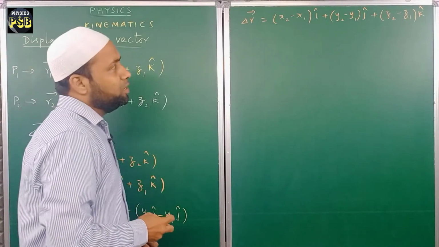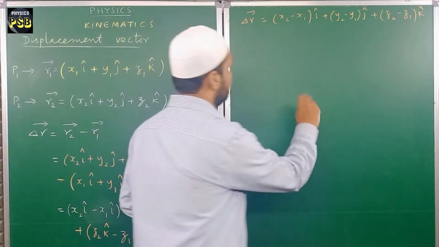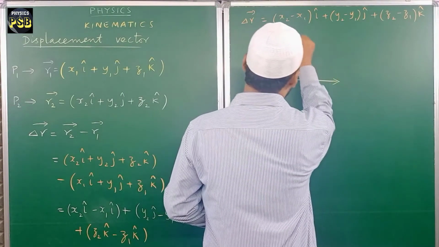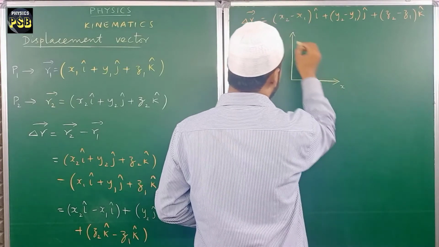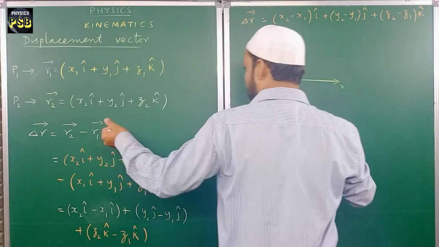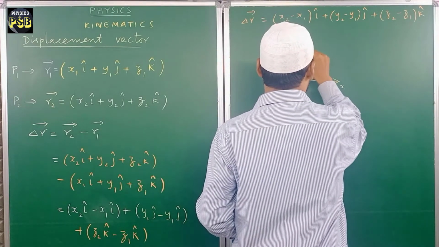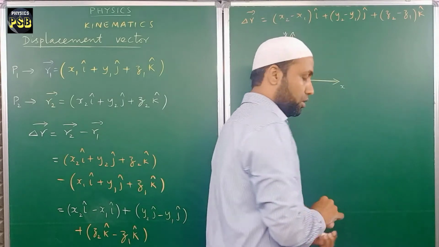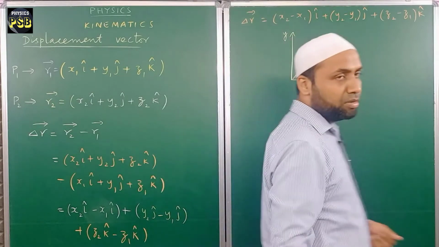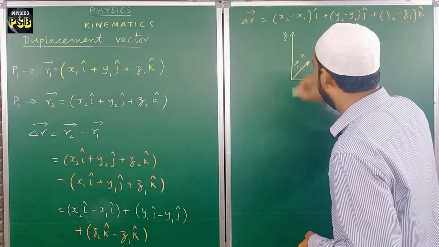Now let me show this to you with the help of a simple diagram. Suppose this is the coordinate system. This represents the x-axis, this represents the y-axis. Then I take this as position P1, and this represents the position vector R1 vector.